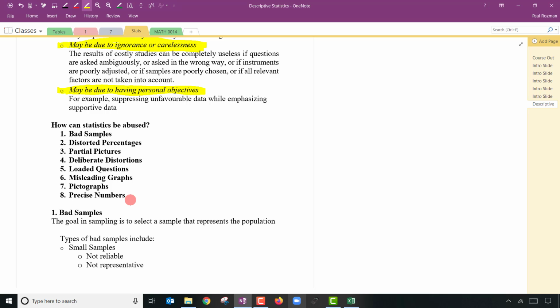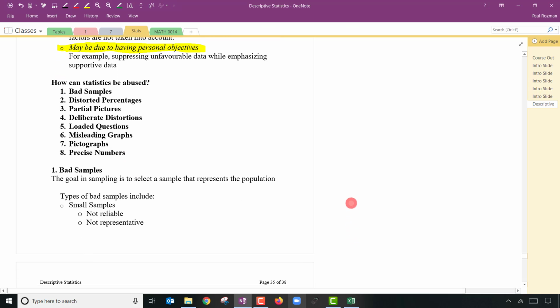It's a weird open-ended question where it basically says, "Here's a newspaper article. Explain," or "What do you think about this? And use statistical terms in your evaluation." And usually it's something that isn't very good, so that there are things that you can pick apart. So hopefully you'll learn some of that in this lecture today.